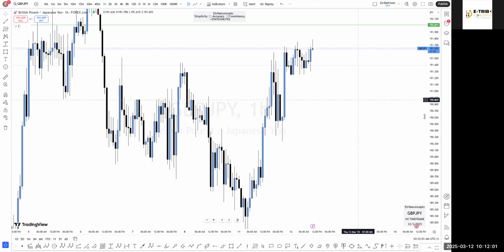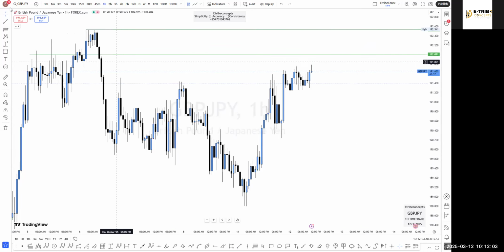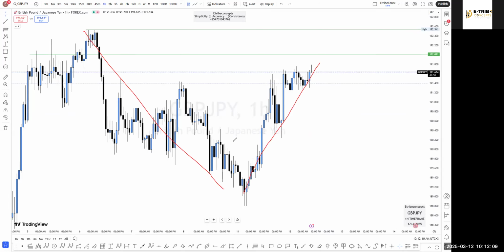Let's look at what is happening. This was the previous structure, the previous trend, and then we have this. Now, if you look at the final indices that we have, we had this as our lowest point on the 1 hour time frame. I would say this is my shift point.